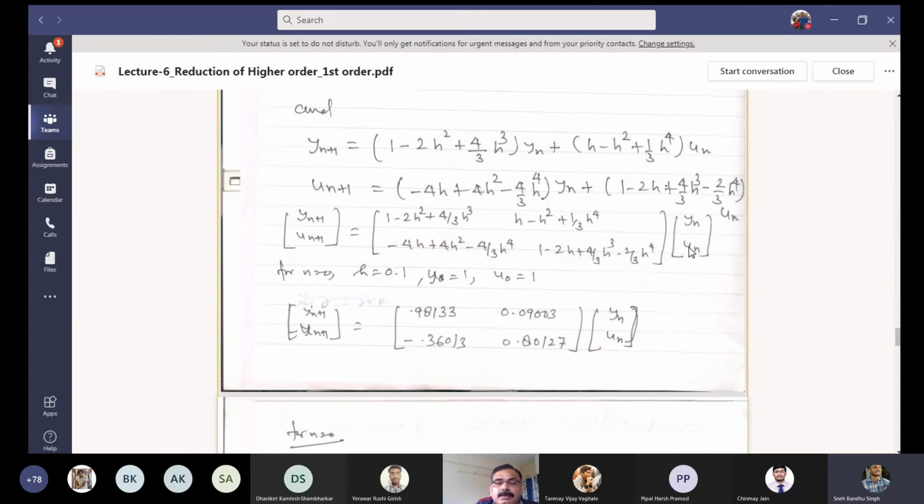Yes, sir. Okay, so this value h is fixed, so this matrix is always fixed. This may not happen every time. Wherever it happens, you can make use of that. So the matrix entries are fixed. So basically, you put y naught is 1, u naught is 1, and then immediately you will get y1 and u1.